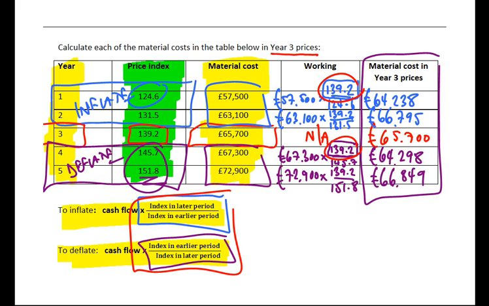So in years 1 and 2, it was the year 3 index we put at the top, and in years 4 and 5, it was the year 3 index we put at the top. So a simple way to remember it is you take the cash flow you're trying to change, and whether you're inflating it or deflating it, you multiply by the price index for the year you're trying to get it back to, and then you divide by the price index for the year it actually started at, whether it's before or after, in this case, year 3.